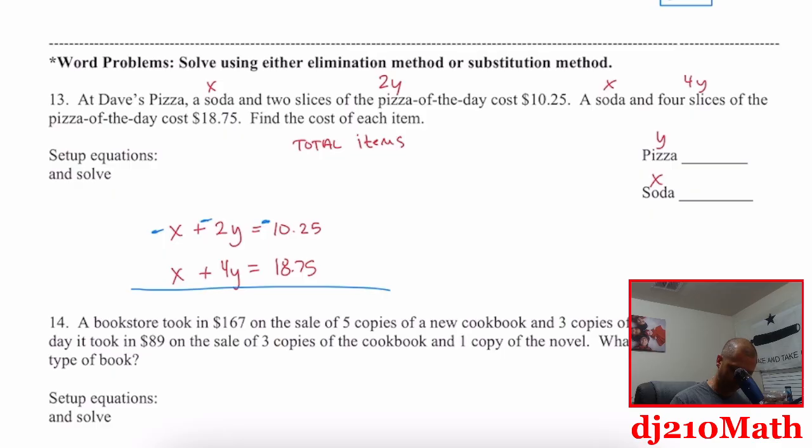This would be 2y is equal to 850. Right, 1875 minus 1025 in terms of money, 850 divided by 2. y is going to equal 425. Right, half of 850. So pizza in this case is 425.